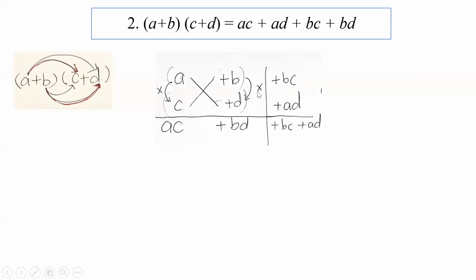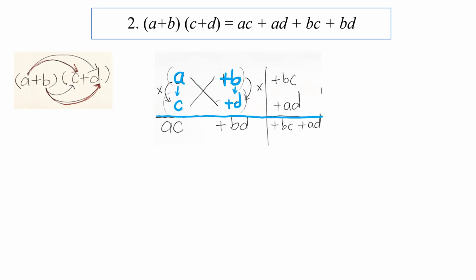Basically, you just write A and positive B. We take it as positive B, not plus here. And then the second bracket, we write down at the bottom, C plus D. Okay, and then we draw a line across.